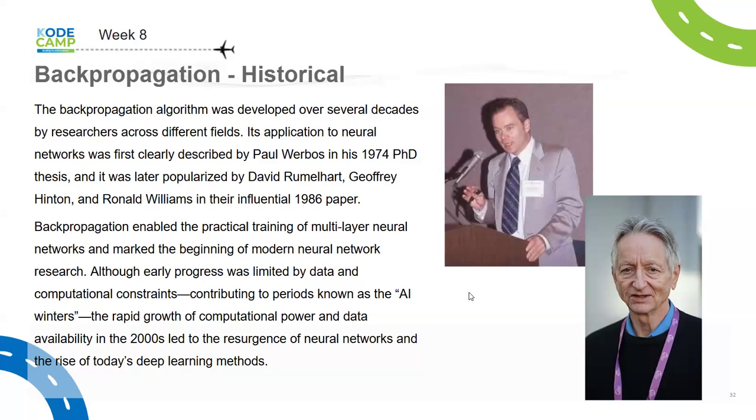So that was the beginning of modern neural network research because it essentially said, hey, we are no more limited by perceptrons. We can now have multi-layer neural networks. So we can now solve the exclusive OR problem. We can now train those networks using backpropagation.